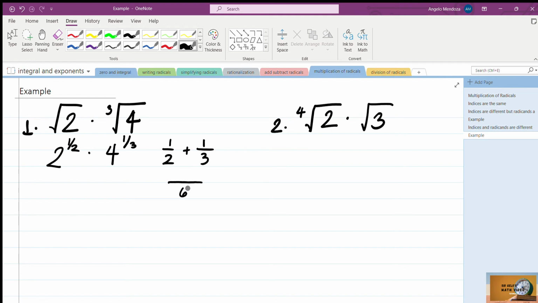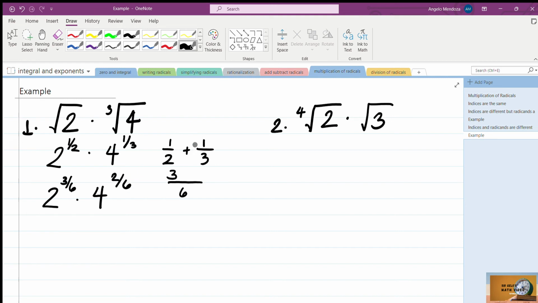So that will be 6 times 1 divided by 2, that will be 3. So that is for 2 raised to 1/2. From 1/2, this becomes 2 raised to 3 over 6. Times 4, you have 6 times 1 divided by 3, so that will be 2 over 6.